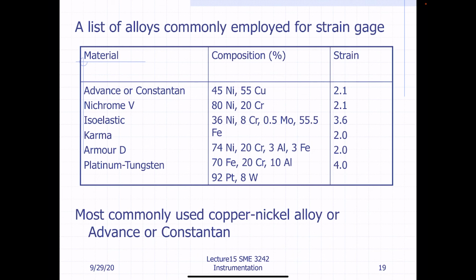This list shows common alloys used as strain gauges. We can see here tungsten, nichrome, etc. The gauge factor is around 2.1 up to 4. This is the metal type of strain gauge.